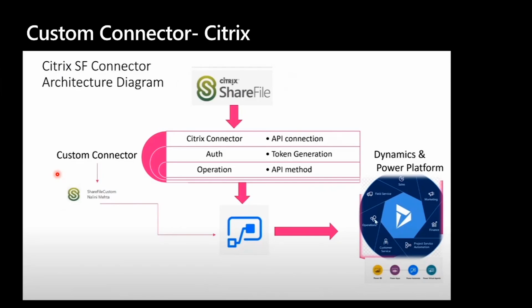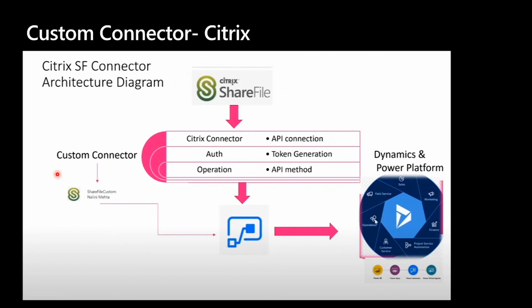So to touch base upon the custom connector story which I just mentioned, here is the slide. I do have my YouTube video around that Citrix connector and a few other third-party connectors. What happens is, most of the APIs which are publicly available give their OData API with which you can connect to them using any kind of tools, let's say Postman or some browser tools or many other tools, with the auth token or authorization.